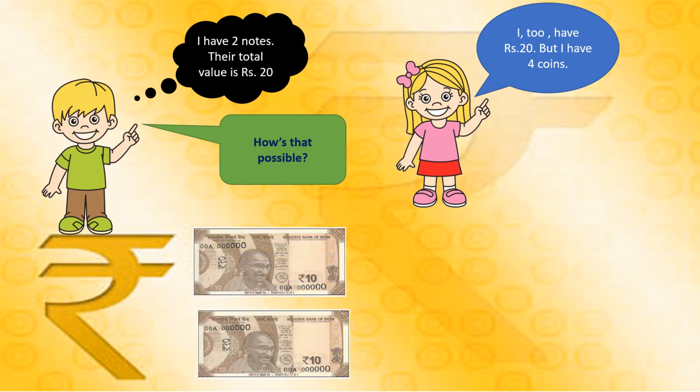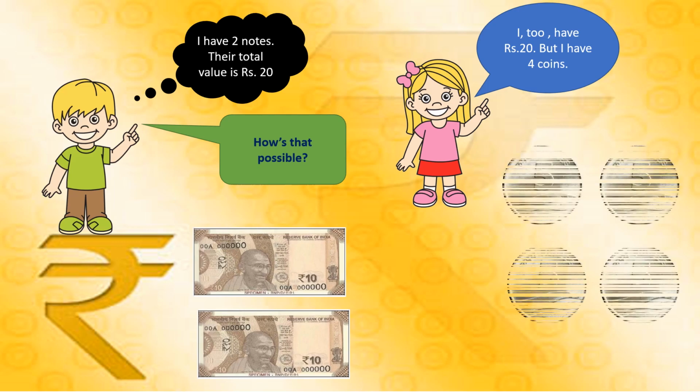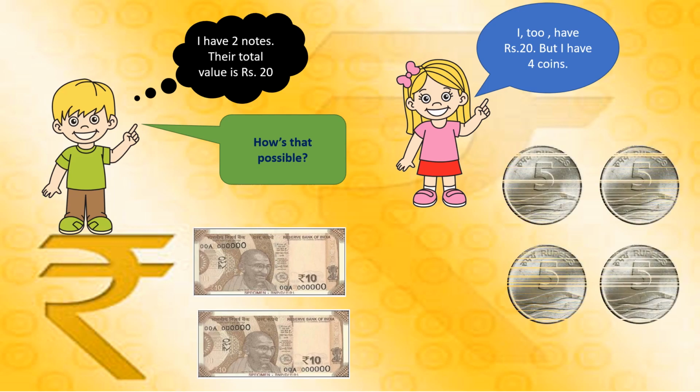That means you take 10 rupees and 10 rupees. 10 plus 10 gives you 20. Now Tina has 4 coins which total up to 20. So 5 rupee coins, if you take 4 times, will give you 20. That's the difference. You can have different combinations of notes and coins and still have the same value.